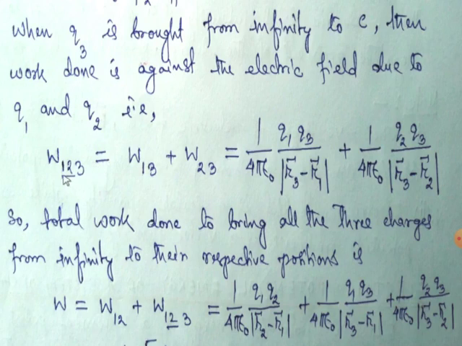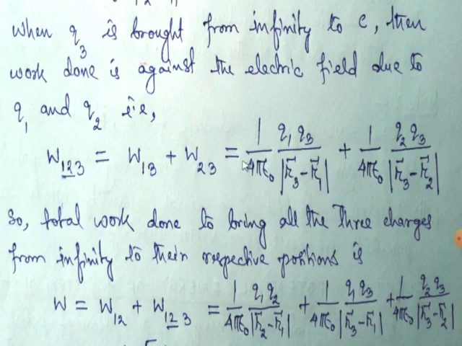The work done will be denoted by W123. That means when you bring this third charge against the field of Q1 and Q2, that will be equal to the work done in bringing Q3 inside the field of Q1 plus the work done in bringing Q3 inside the external field due to the charge Q2.